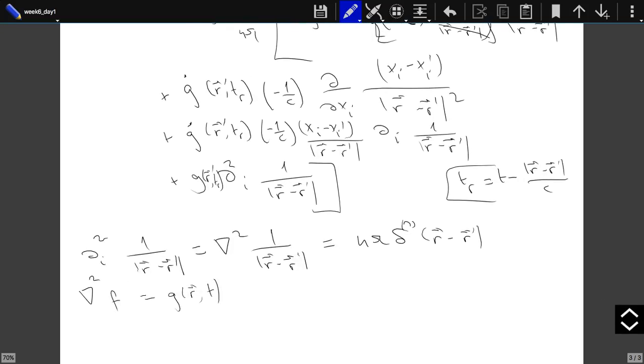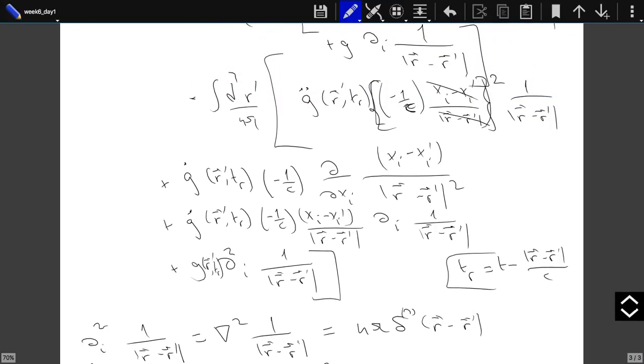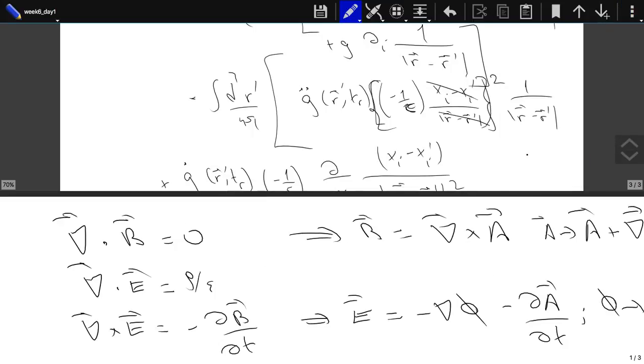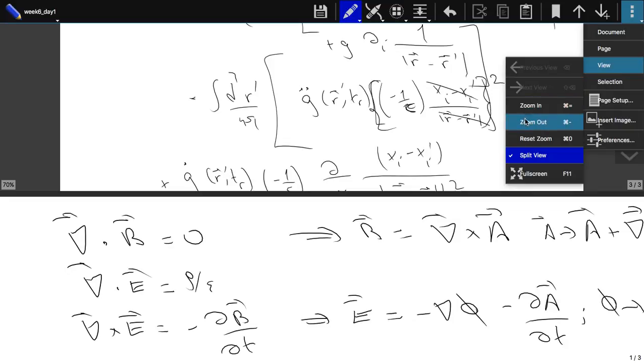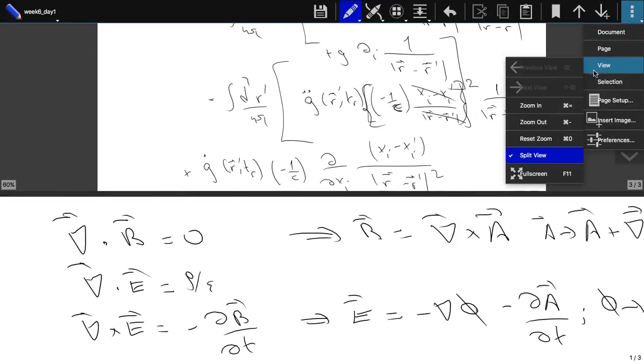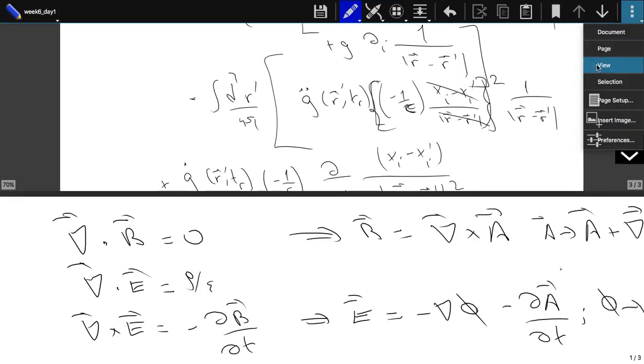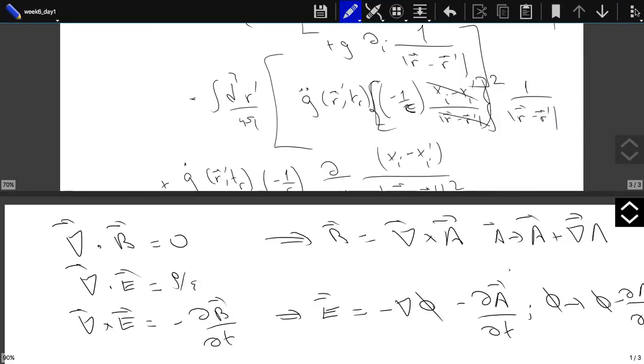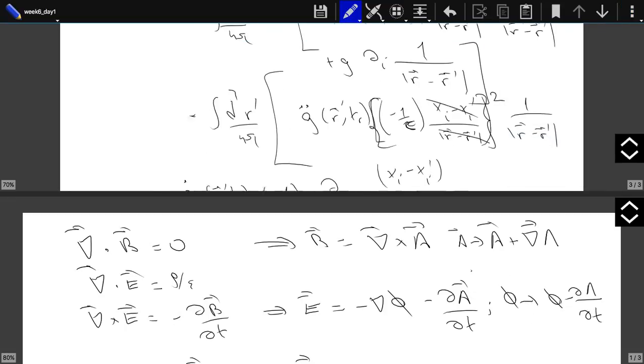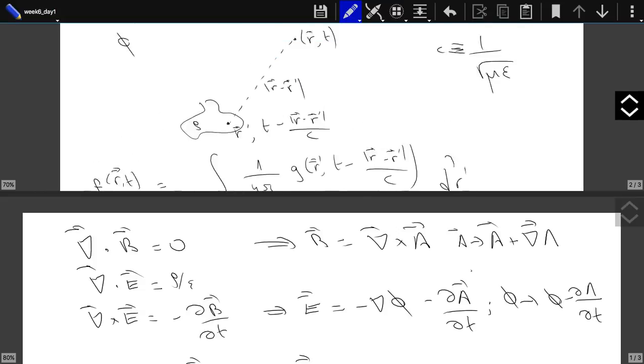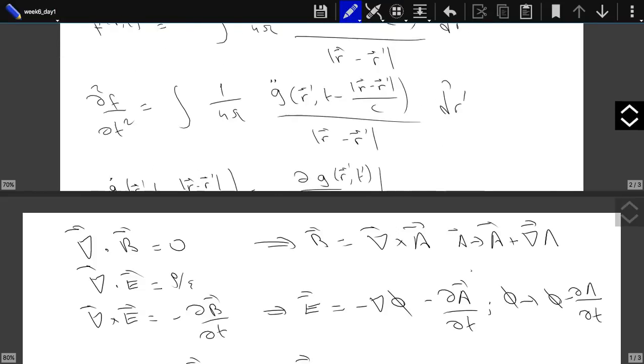Now this first term just becomes plus mu epsilon del squared f by del t squared. Do you see how I obtained the second time derivative of f? Okay, there is the second time derivative of f.